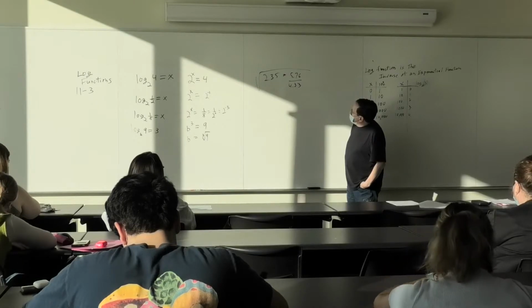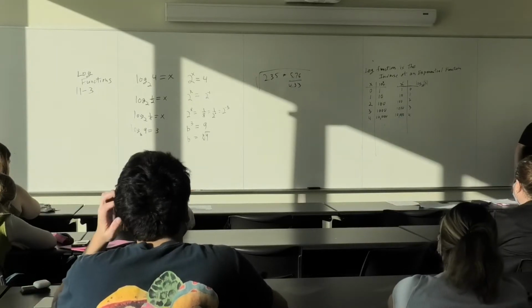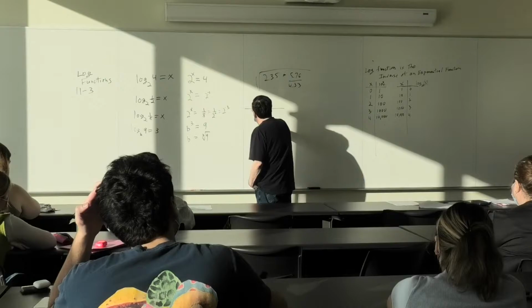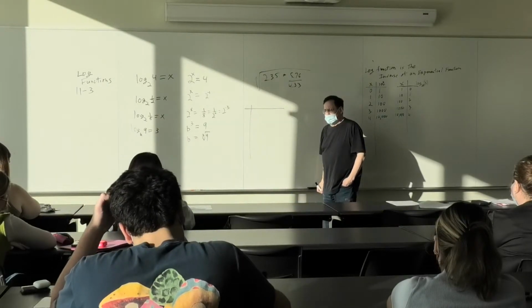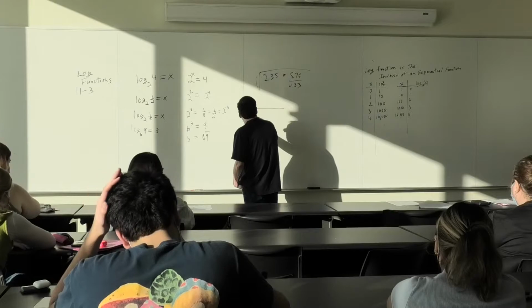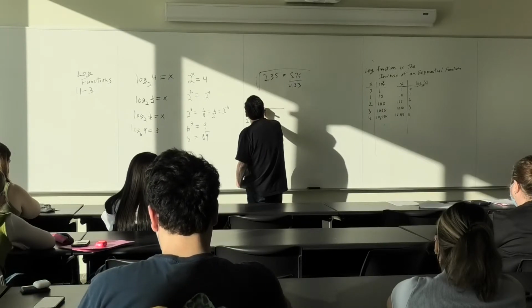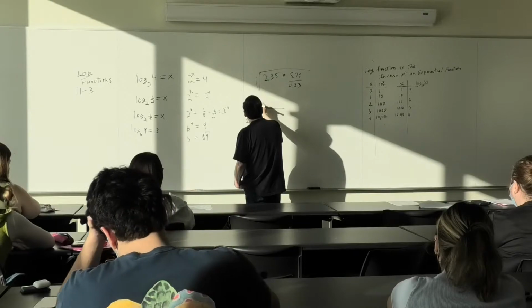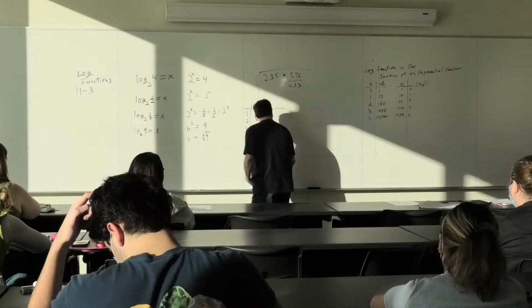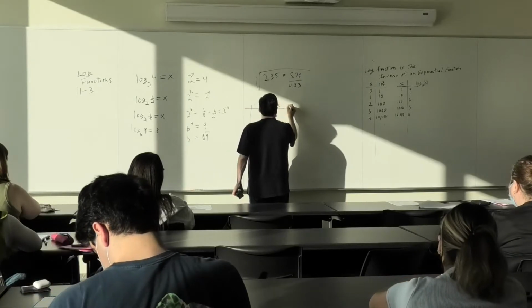So how do we go about doing it? What we used to have was a one-page table, and it kind of looked like this. 1, 2, 3, 4, 5, all the way up to 9.